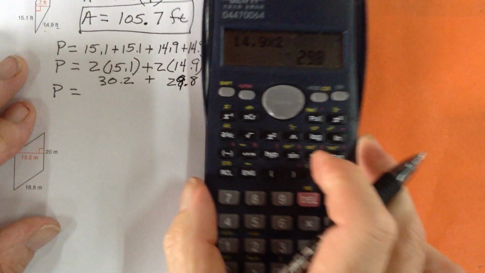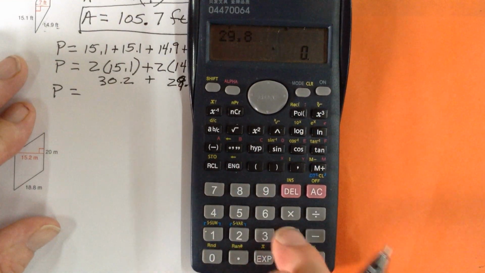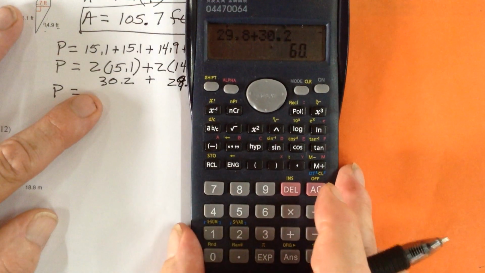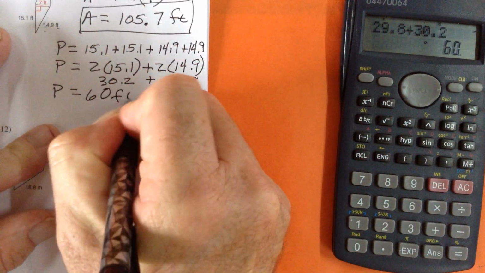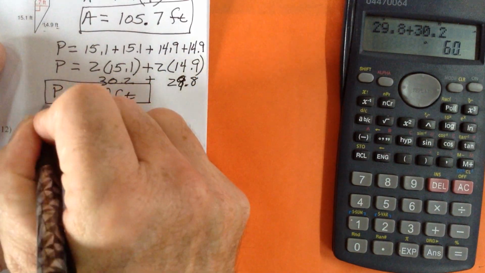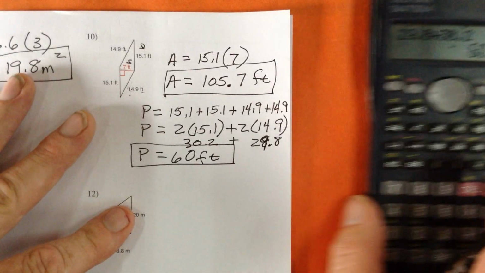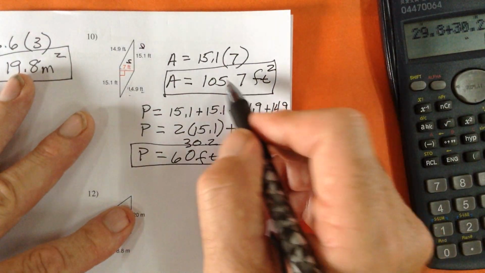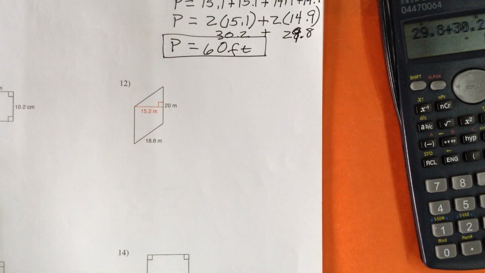So I add the two together, 29.8 plus 30.2, and I end up with 60 feet. That'll be the perimeter. Whoops, I'm getting off. Hopefully it wasn't off for the whole thing. And this should be squared. That's the area. Okay. And then number 12 is the last parallelogram on this page.